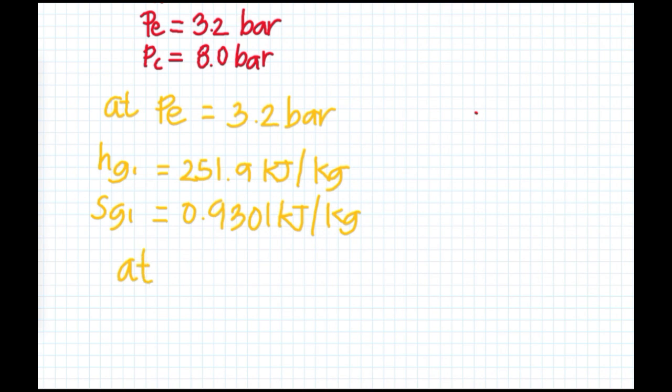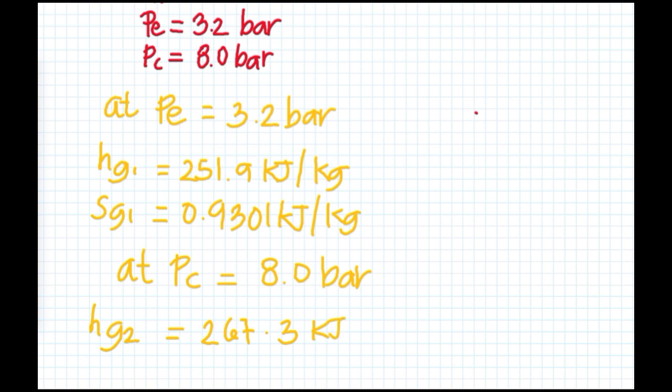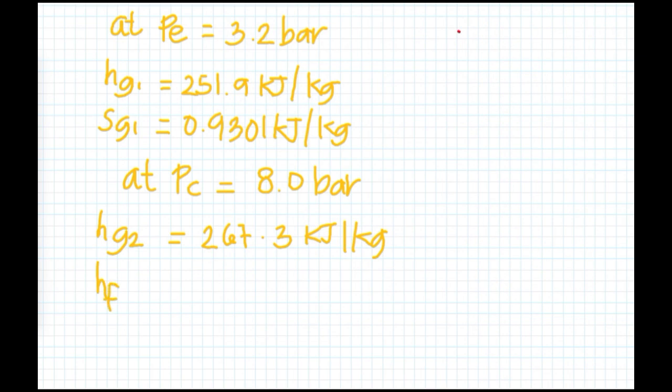And then at the pressure of the condenser, 8.0 bar, the specific enthalpy of the vapor is 267.3 kilojoules per kilogram, and the specific enthalpy of the liquid is 95.5 kilojoules per kilogram.